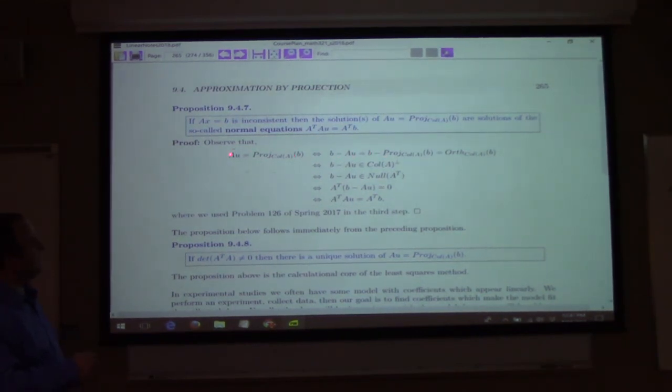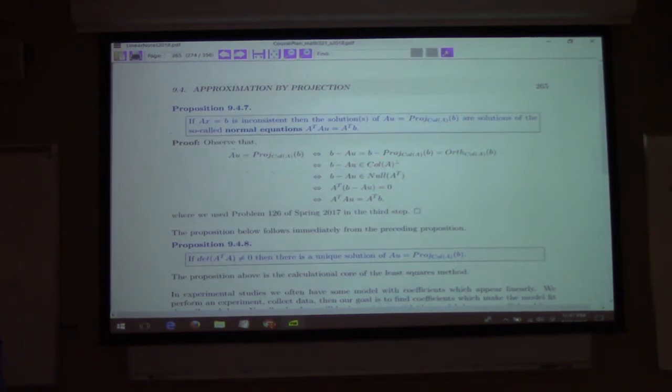So what I've done is I've subtracted both sides from b, right? So b minus Au is equal to b minus that. But this, rather, is the orthogonal projection, because it's b minus the projection. That's the orthogonal complement of the column space of A.